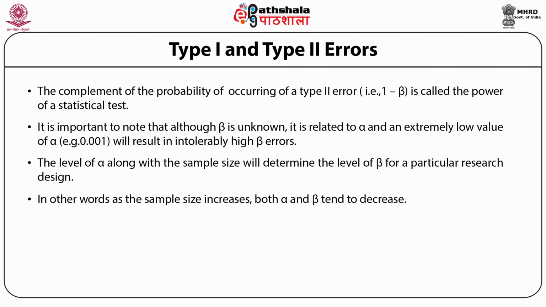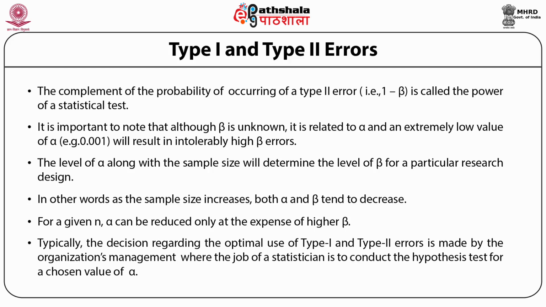However, for a given sample size, any attempt to reduce the likelihood of one error will increase the likelihood of the other error. For a given n, alpha can be reduced only at the expense of higher beta. Similarly, the only way to reduce beta is to accept a high value of alpha. The optimal choice of alpha and beta depends on the cost of these two types of error, and determining these two costs is not always that easy.